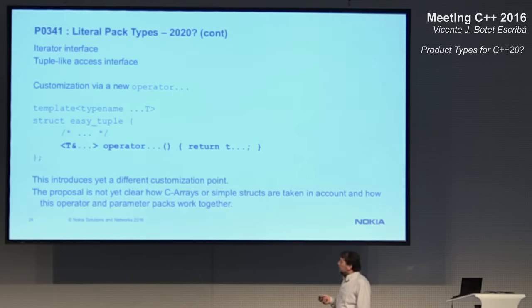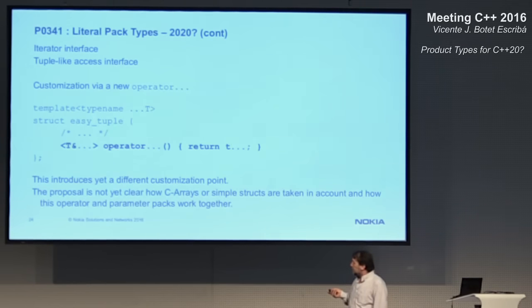Again, besides the fact that the proposal says that we'll have a tuple-like interface and an iterator-based interface for this kind of types, we yet need a new operator so that we can customize an ellipsis expansion operator that will allow us to expand these user-defined types.